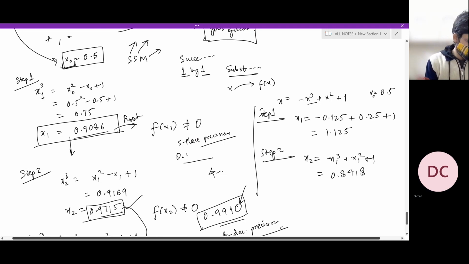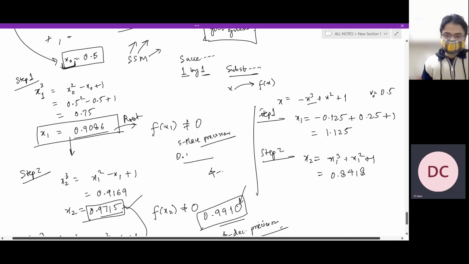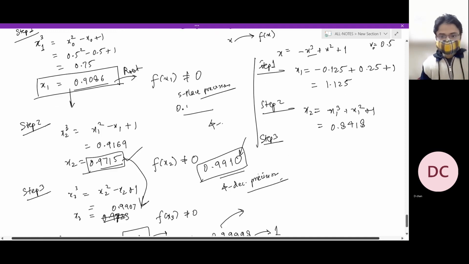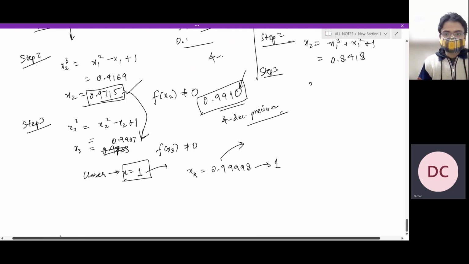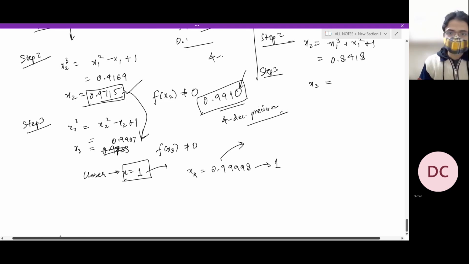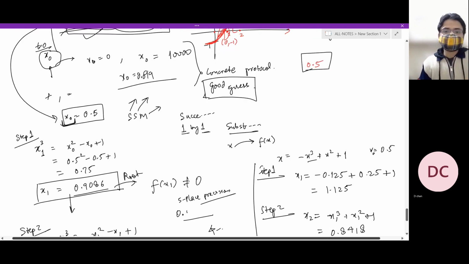And again, calculated for 0.8418, this becomes x3, step 3. X3 becomes 1.1121, right? And this keeps going on until you are getting something, that's what I described earlier.